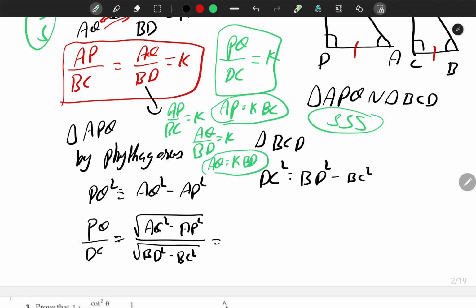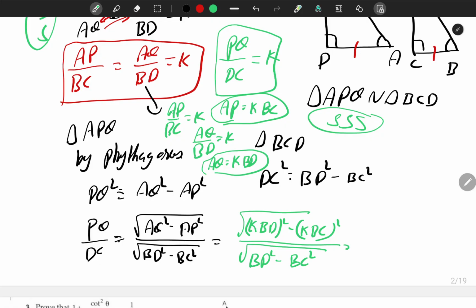By these two, we can take it as AQ square minus AP square, with AQ as K into BD whole square minus AP as K into BC whole square, by square root of BD square minus BC square.